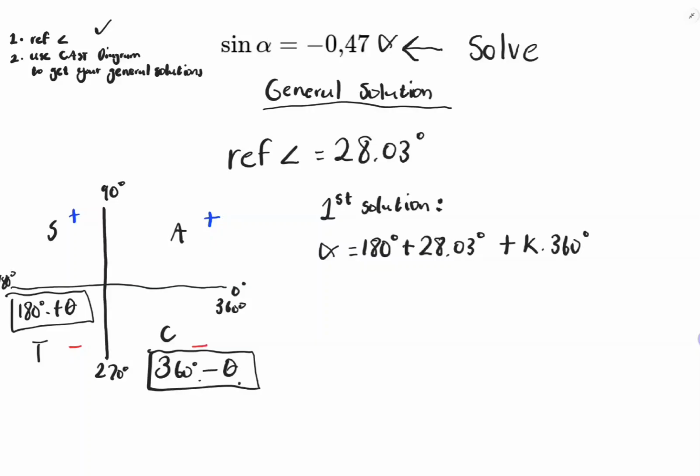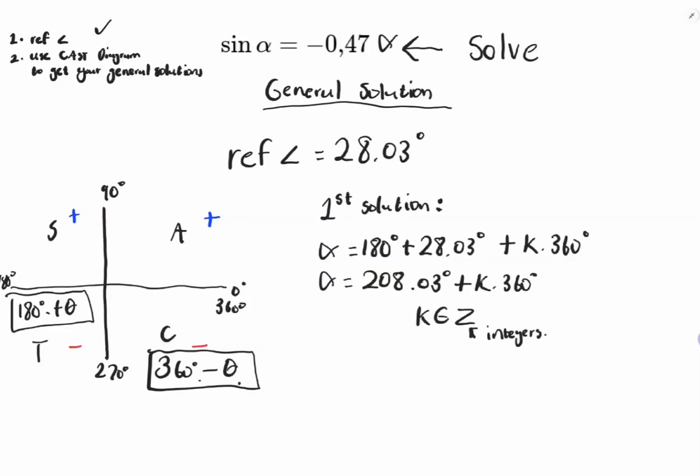For general solutions, you must never forget to include this. Let me recap on what it means. What is 180 plus 28.03? It's 208.03 degrees plus k dot 360 degrees. And don't forget to say k is an element of Z, where Z is the integers.